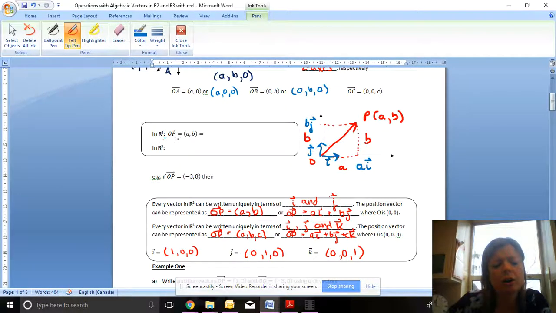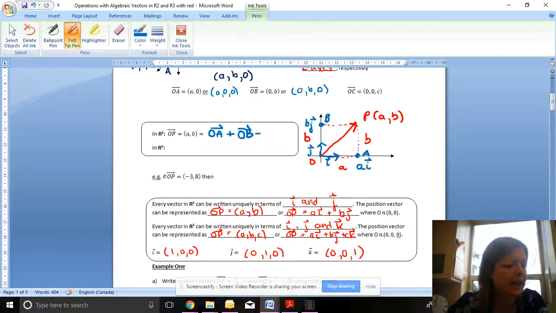So in R2, this vector OP can be written as the coordinate (a, b). But (a, b) can be written as OA plus OB, where a would be this coordinate here, and b would be this coordinate here.